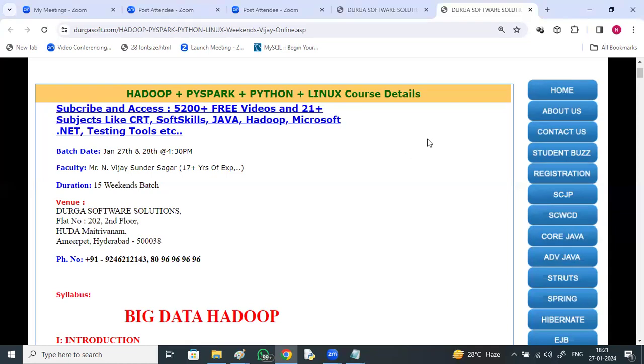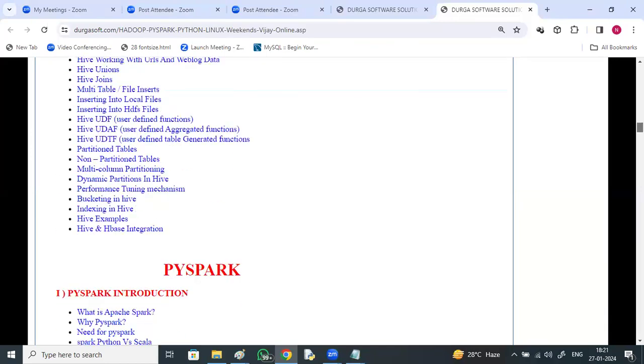You can see the course content of Python.